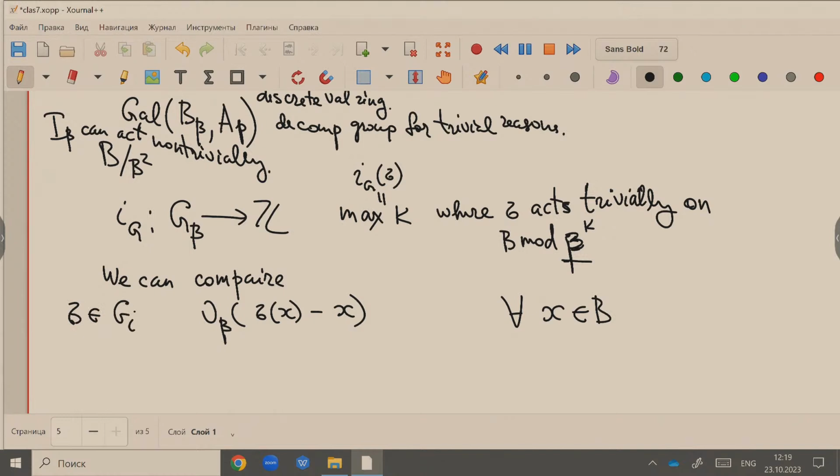So this means that x plays the role of the identity map. So this means that sigma x is equal to x modulo beta I. So that means that the valuation should be bigger or equal than I here.